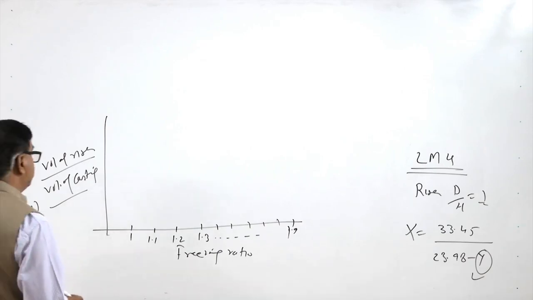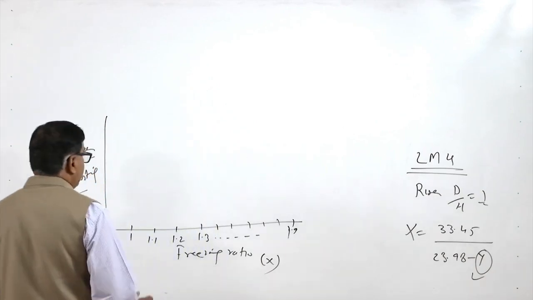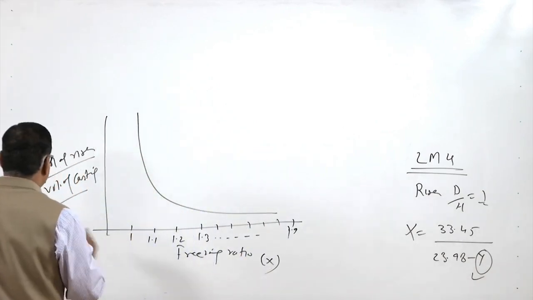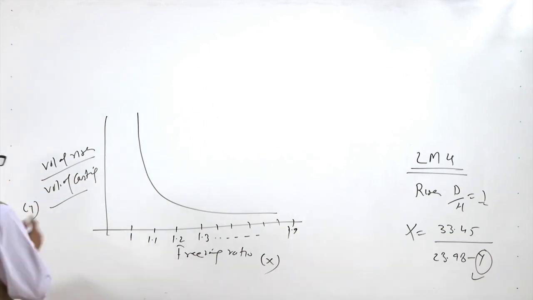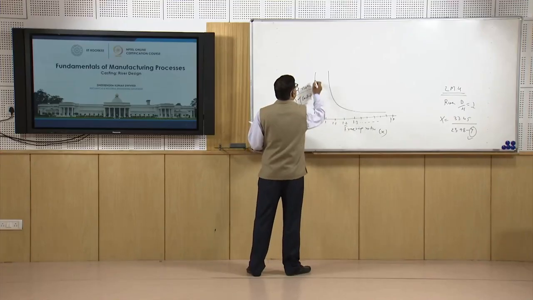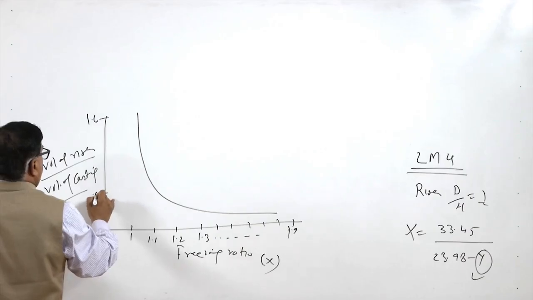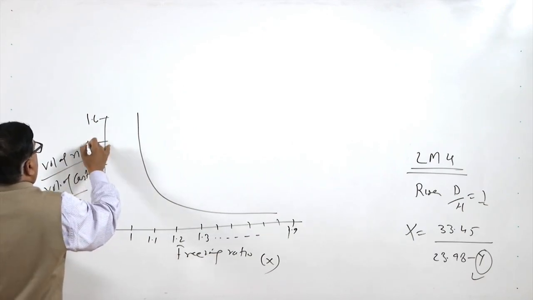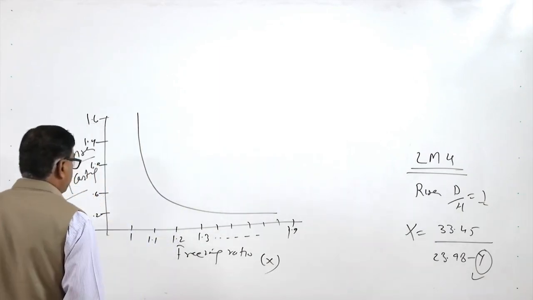So the relationship between x and y goes like this, where the value of y is in the range of say 0.2 to 1.6, 0.6, 1, 1.4 like this.